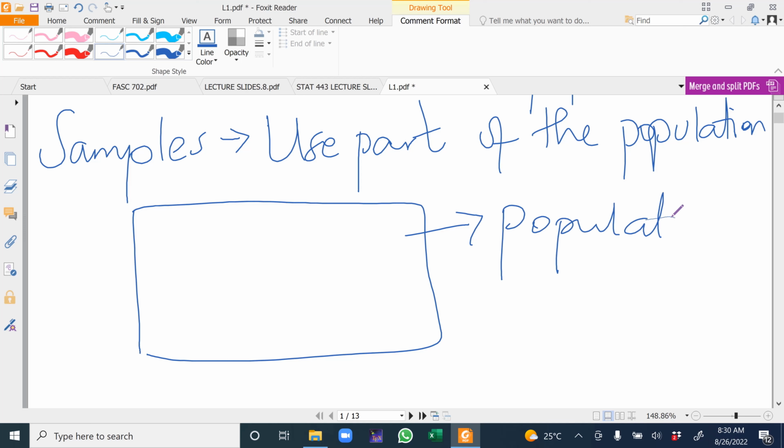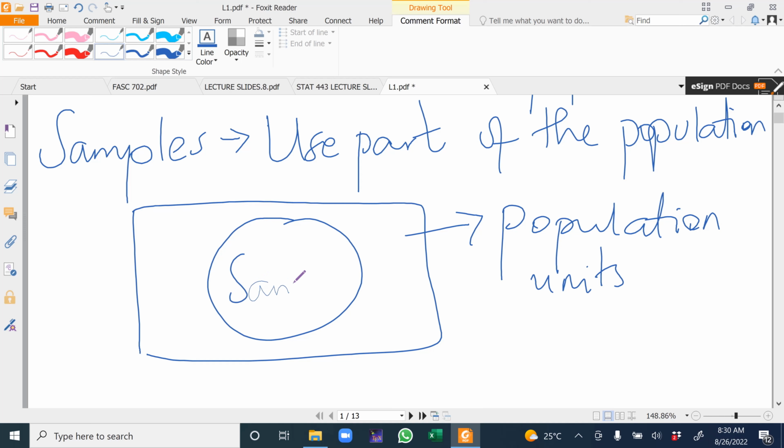This is the set that consists of population units. And then in this population, you choose to pick a sample that contains all those characteristics of interest, and then it is this sample that you use in your data analysis.